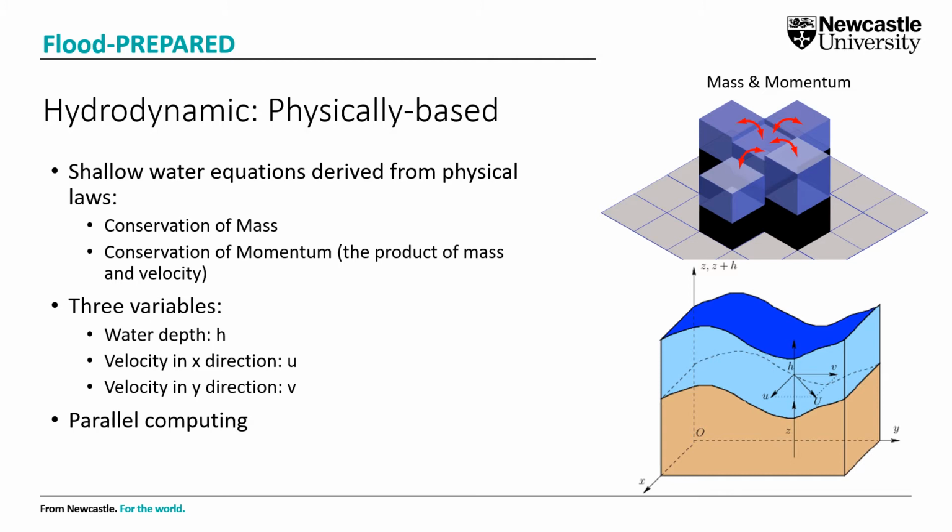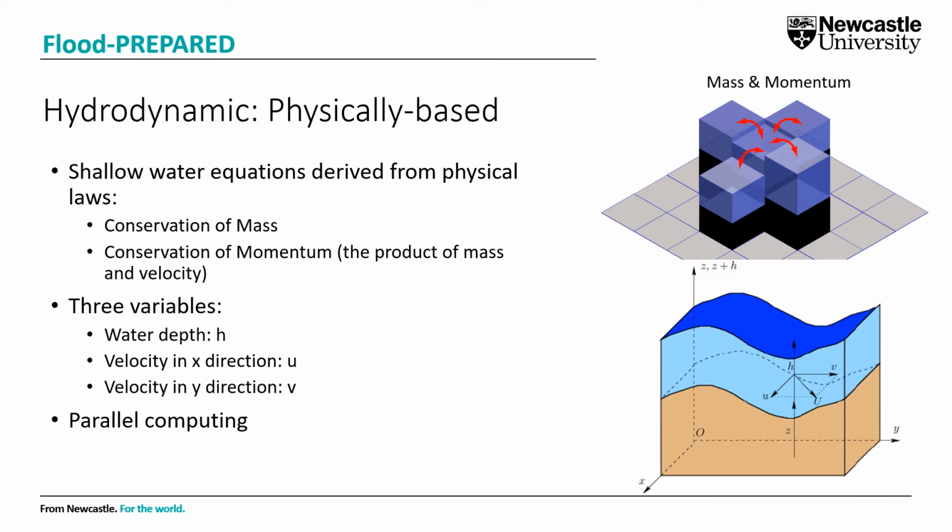The equation involves three variables: water depth, velocity in x direction, and velocity in y direction, which are the basic mechanical properties of water in motion. And the modeling process is to solve the equations in each time step at each grid cell to get the values of the three variables.